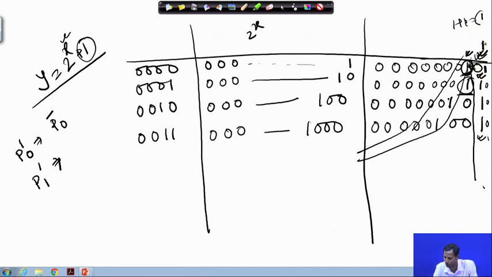Initially this position was 1, and in the modified case, because of the addition of 1, it becomes 1. Initially for 2 to the power x this was 0 and this was 1, but here, as this is 1, it is 1 only.